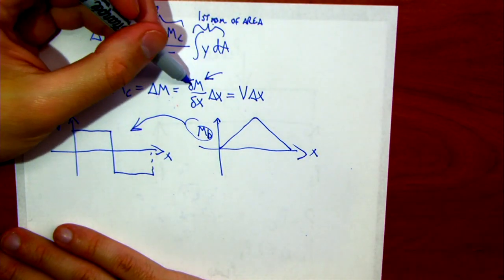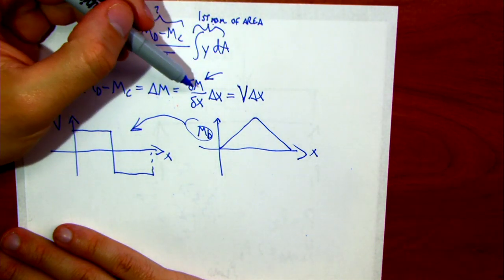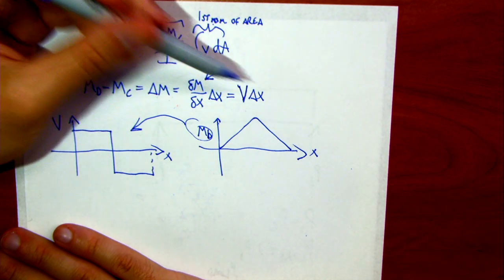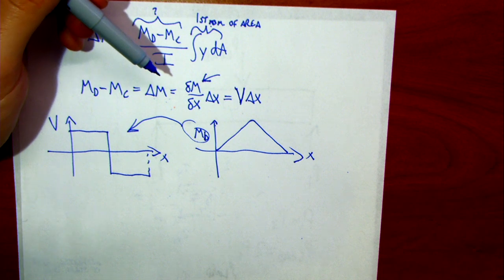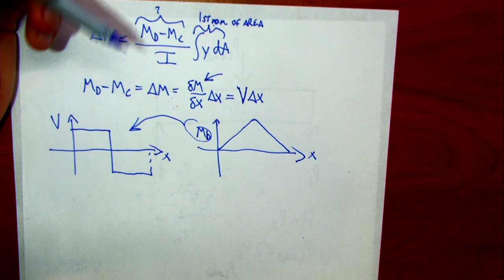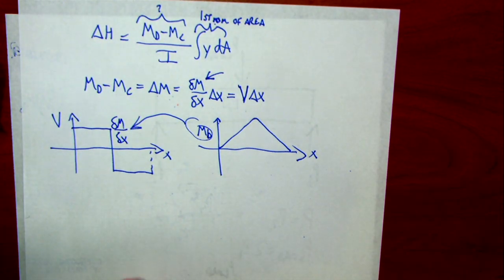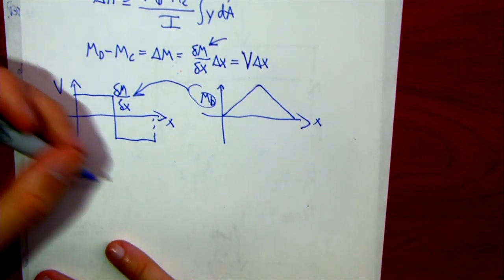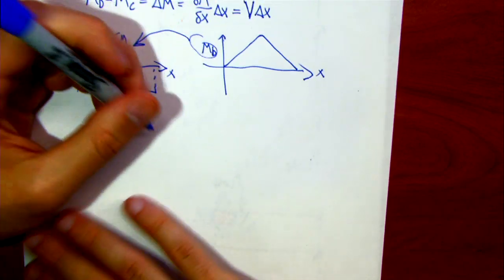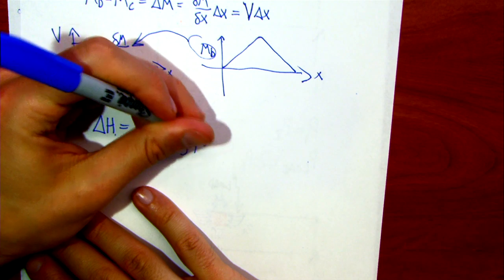So dM/dx times dx is really shear force times the differential length of that stress cube. So we can say that the difference in moment is V dx. So if I go back to the equation, delta H equals V delta x over I times the integral of y dA.